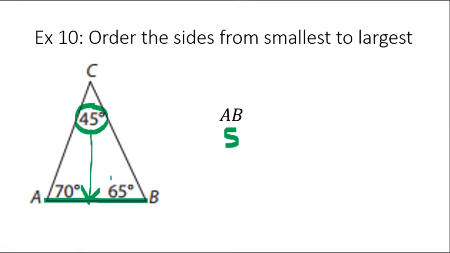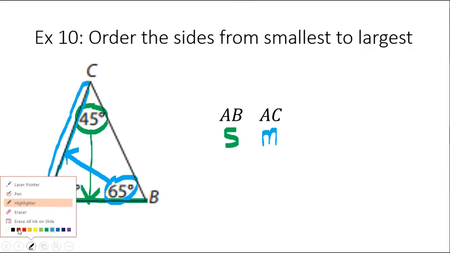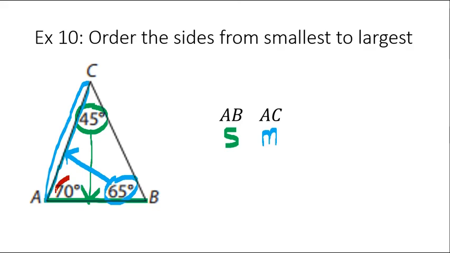The medium angle would be 65, which means the side opposite 65 is AC, right here. So AC is my medium side, which leaves 70 as my biggest angle, which means that side CB is my large side.